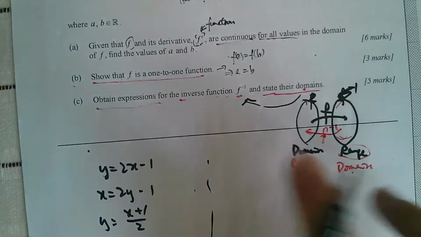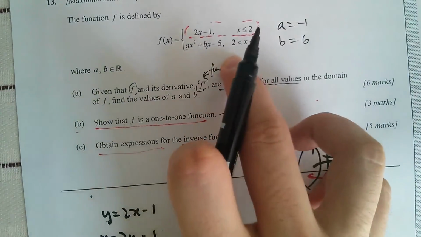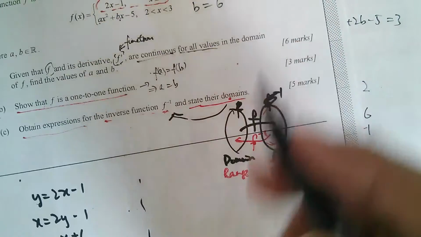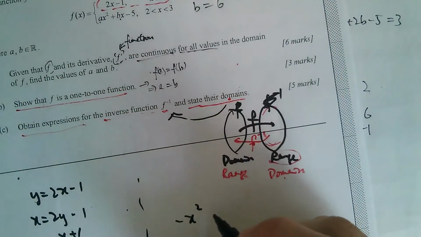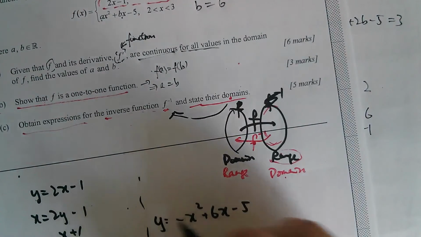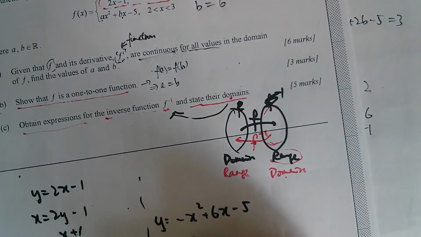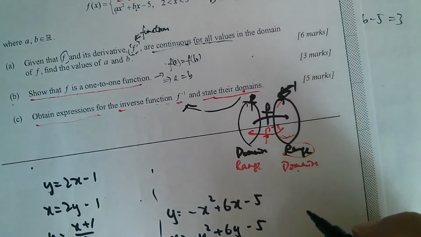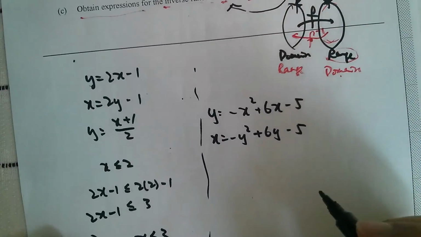Okay. What about the other piece? So we're going to need the values, negative x squared plus 6x minus 5 equal to y. We swap x and y, and then we need to make y the subject. How do you make y the subject?